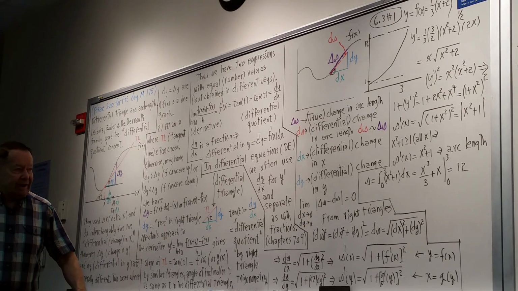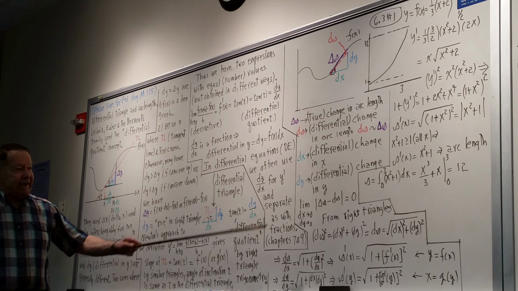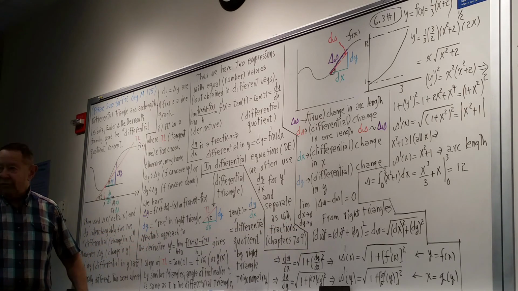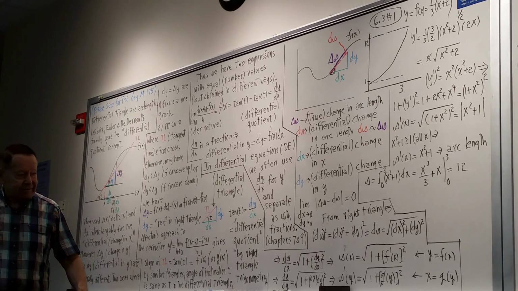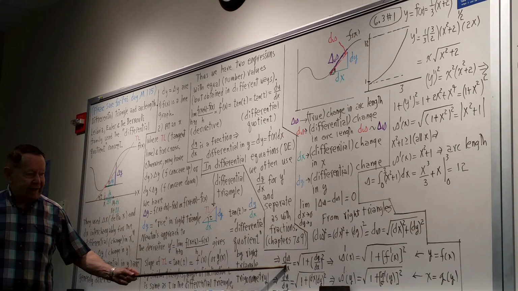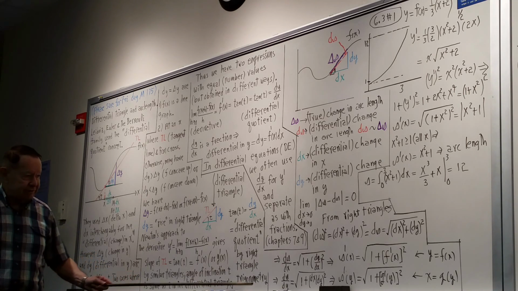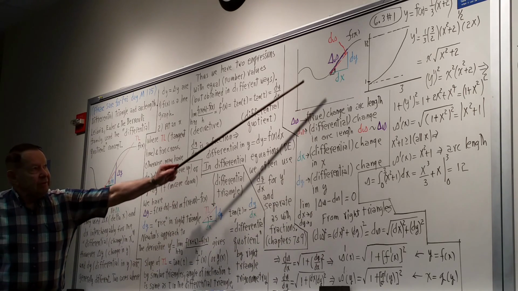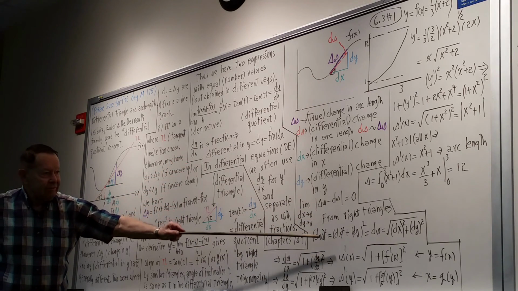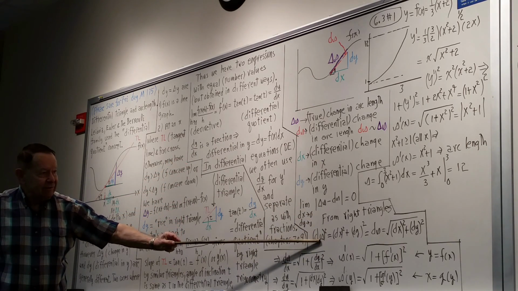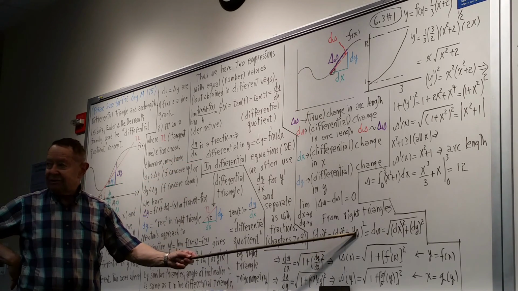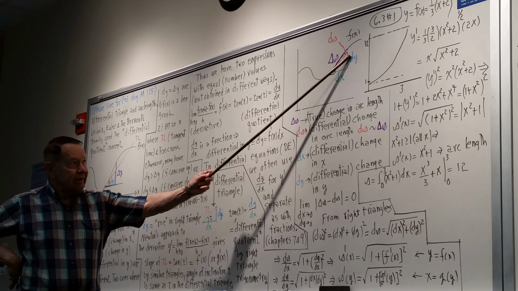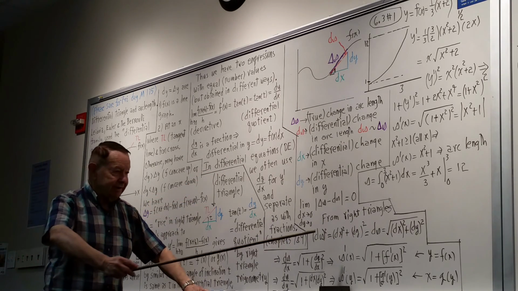So what that allows us to do is get a formula for the differential change in arc length, thinking of arc length as a function either of x or of y as we choose. Because with right triangle trig, we know that ds squared, the hypotenuse, would be the sum of the squares of the two sides of our right triangle, our differential triangle.